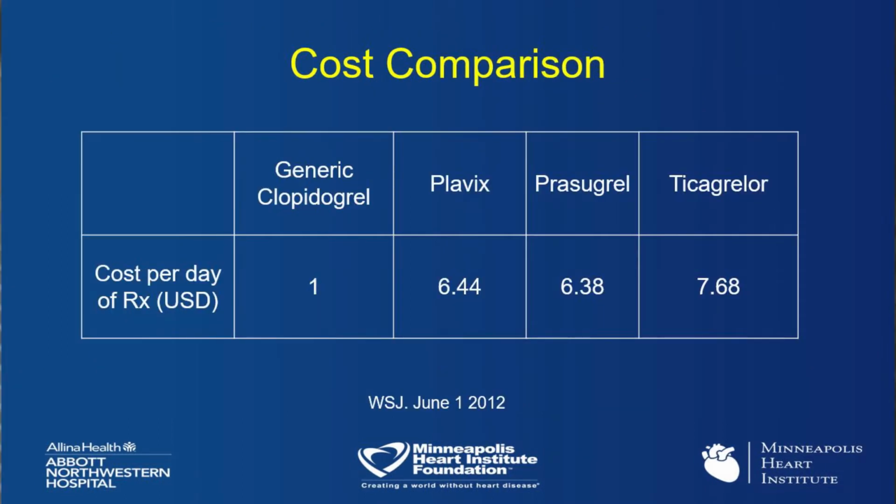There are cost differences, and we want to know about this. Our nurse practitioners do a great job in making sure that you can afford your medications. As you can see, there are significant cost differences, at least in 2012. As these medications lose their patents, the cost will come down. But we really want you to take at least one of them. So if there are issues with affordability, we want to know.